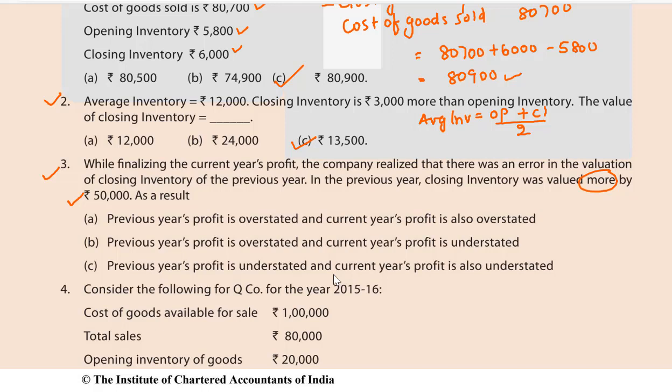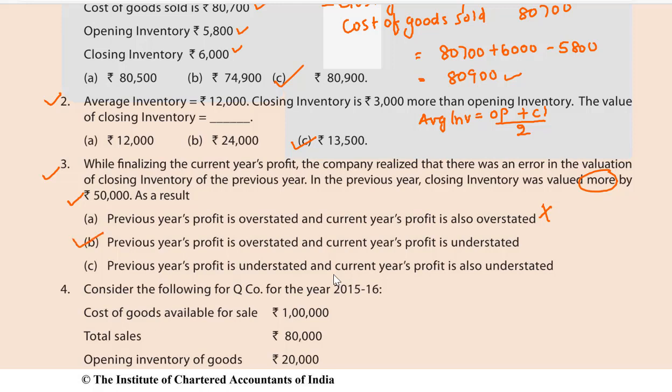In that case the previous year's profit is overstated and current year profit will be understated. Obviously, we had learned this concept. A: previous year profit is overstated, yes, and current year profit is also overstated, no. B: previous year's profit is overstated, okay, and current year's profit is understated, yes. So the answer is 3B.